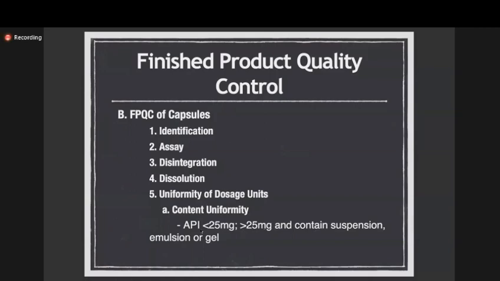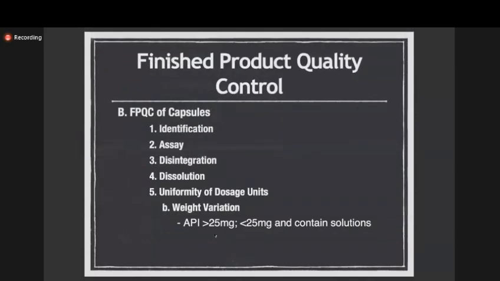So for capsules, 25 milligrams is our basis. But for suspension, emulsion, or gel, if greater than, that is when you do content uniformity. The opposite is weight variation: greater than 25 and if a solution is inside your capsule.